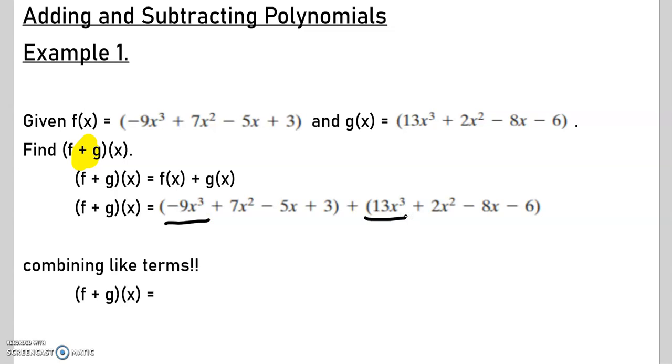So the first one, we have negative 9x cubed plus 13x cubed. Like terms because they both have x cubed, and I just look at those coefficients. Negative 9 plus 13 gives me 4x cubed. Oh my goodness, ignore that phone ringing in the background.